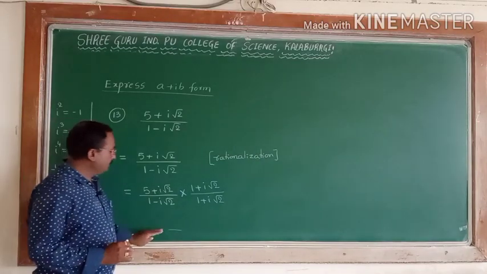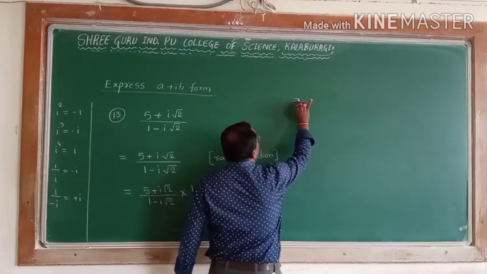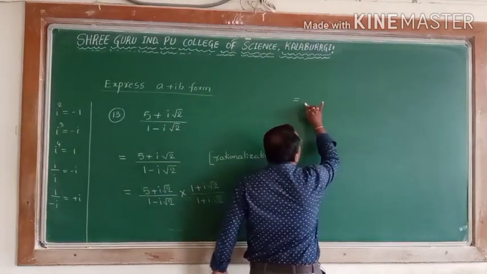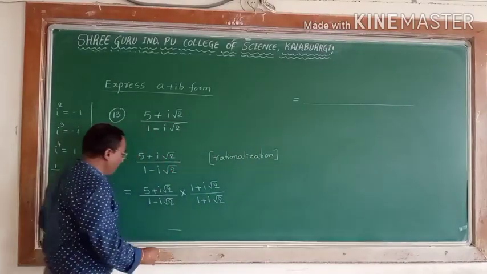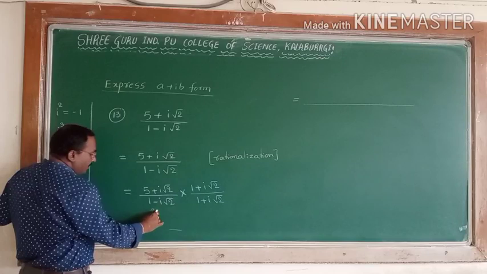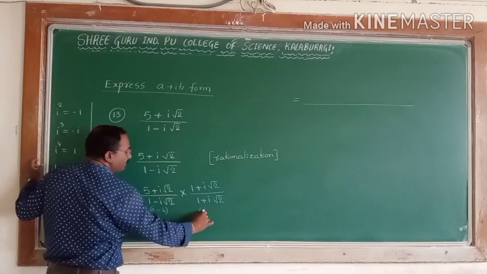Next you write, that is equal to the denominator. Here keep in mind, this is a minus b, this is a plus b.